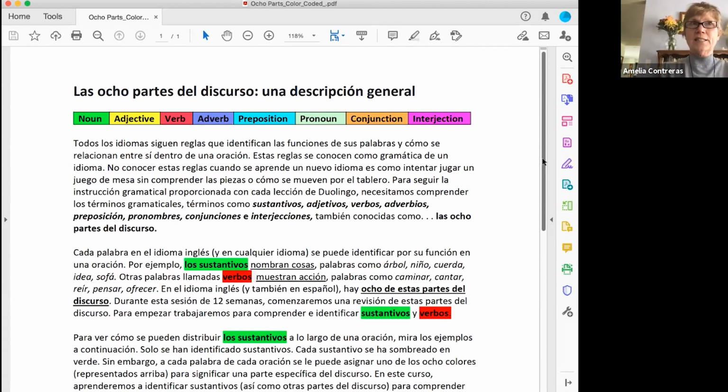For instance, if you were to take all the words in a dictionary, whether English, Spanish, or any language, you can take all the words and divide them up among the parts of speech. And in English and in Spanish, there are 8 parts of speech. And these parts define how that group of words function.